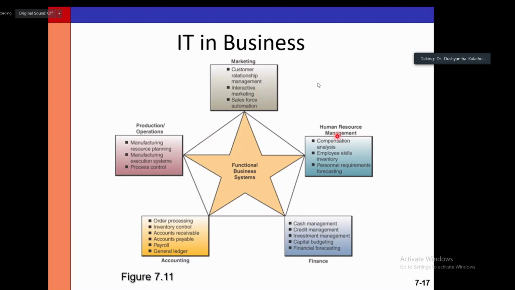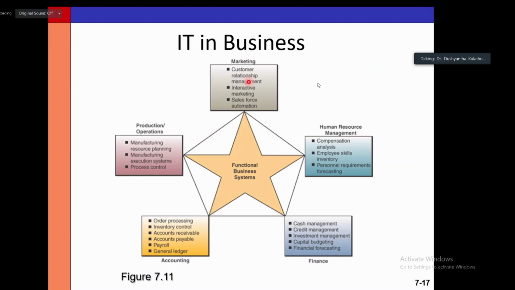If it is human resource management, there can be systems related to compensation analysis, employee skills inventory, and personnel requirements. For finance, cash management, credit management, investment management, capital budgeting, financial forecasting, and so on. Likewise, depending on the type of functions you have, there can be specific information systems used within the organization to support the processes of that particular function.